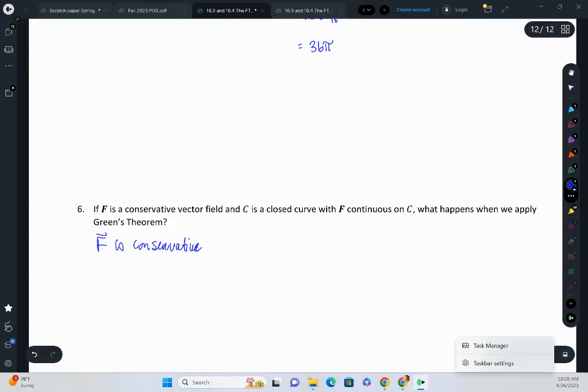And we have to ask ourselves, well, what does that mean? It means that F is equal to a gradient vector field that has components P and Q, or as I was stressing in the previous video, components F sub x and F sub y.